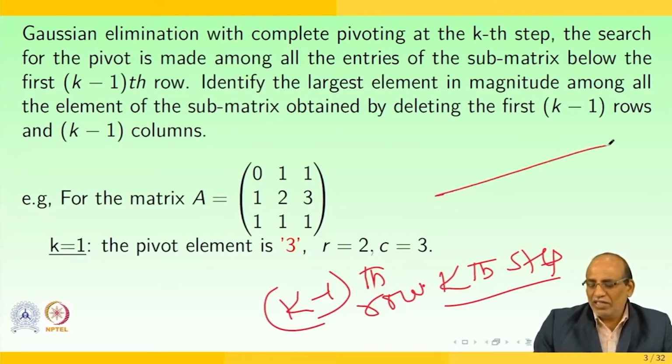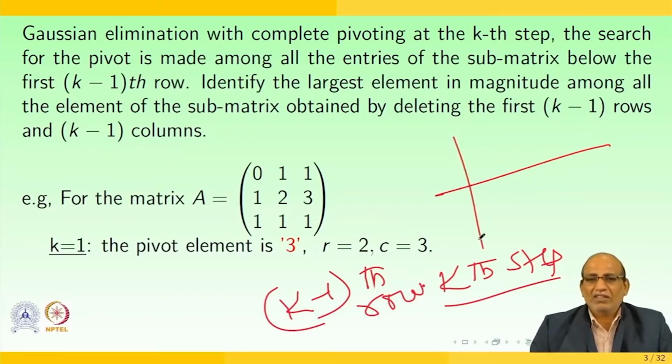That is the basic algorithm of Gaussian elimination with complete pivoting. Essentially, whatever you do in partial pivoting for the rows, you also do for the columns, so that complete pivoting is taken care of.